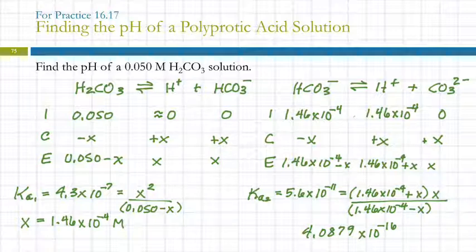I want to redo it, because I may have done it wrong. 5.6 times 10 to the minus 11 is equal to 1.46 times 10 to the minus 4 plus X times X divided by the quantity 1.46 times 10 to the minus 4 minus X. My exponent down there was wrong. Not sure how that happened, but that's not good.